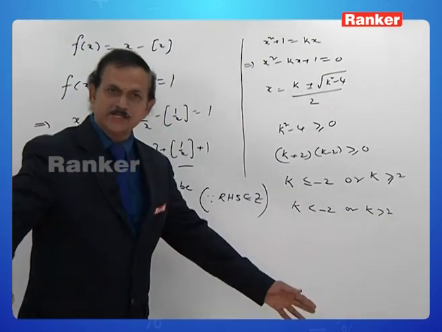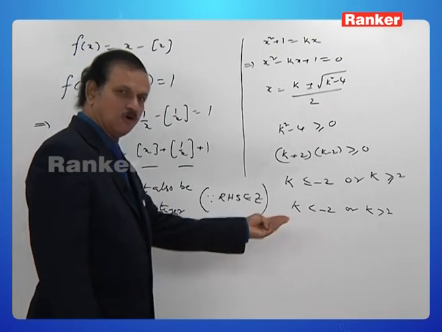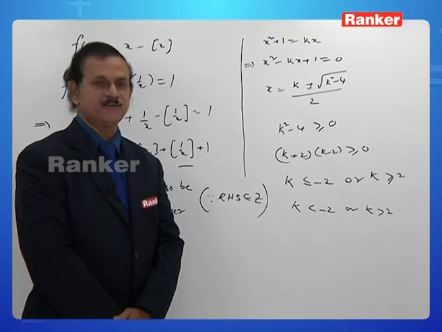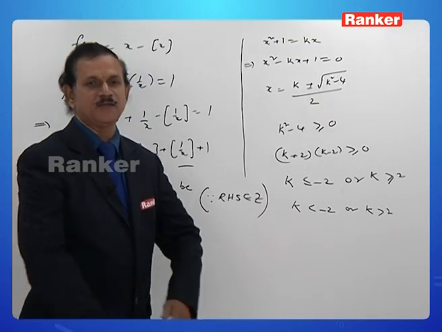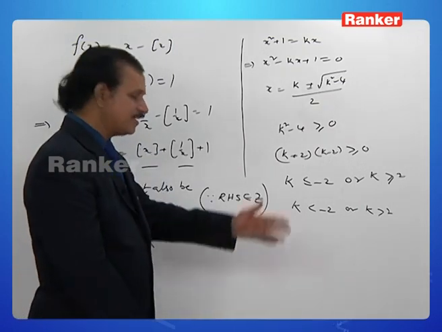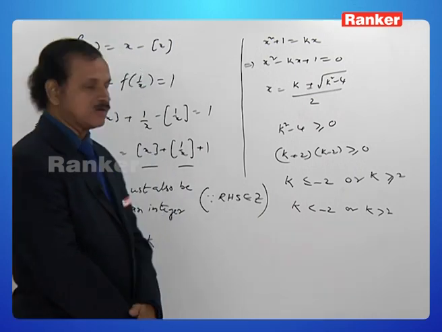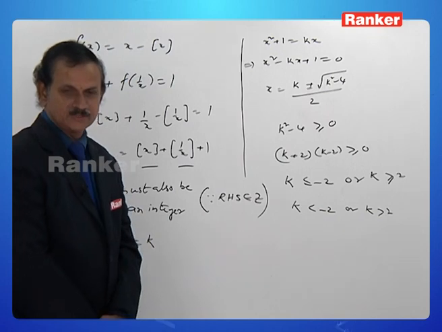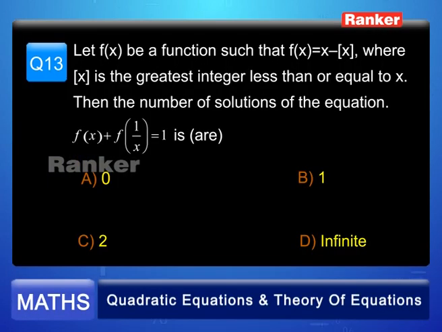How many integers are there below minus 2 and above 2? Infinitely many. Definitely, there are infinitely many integers k with that condition. Therefore, the number of solutions of this equation will also be infinite. Hence, the right option among the given options is option D.